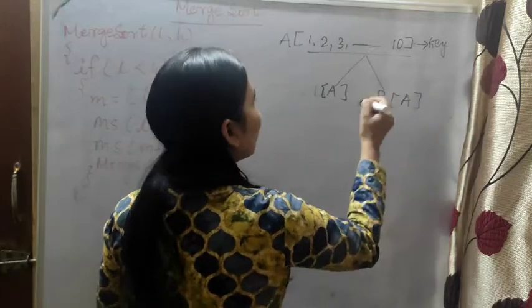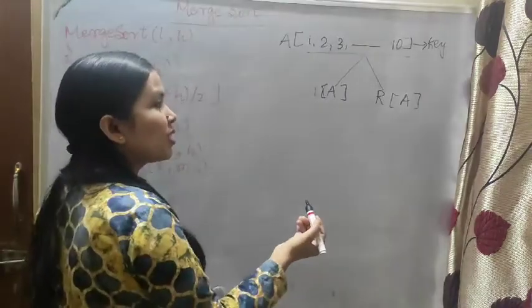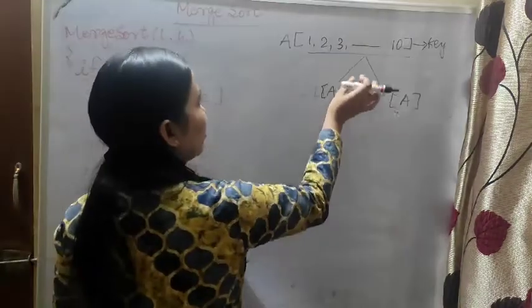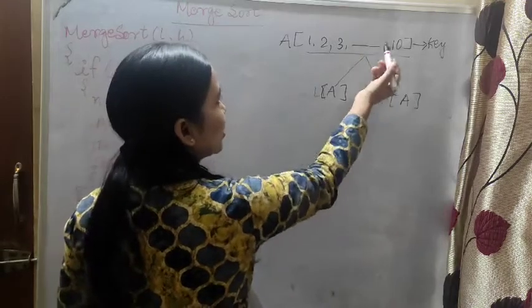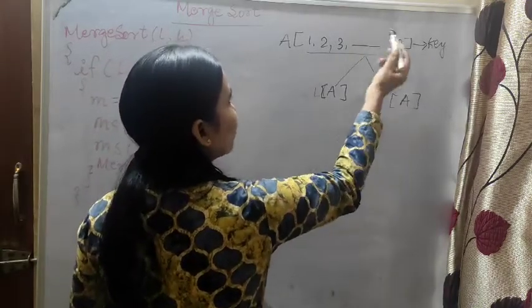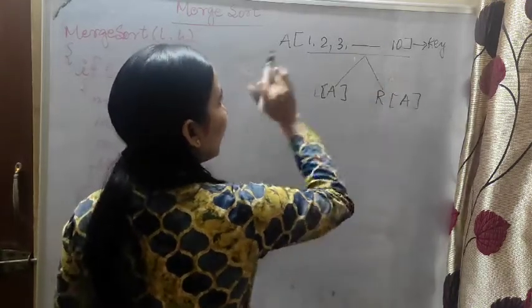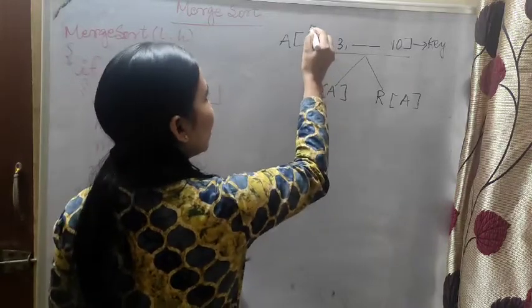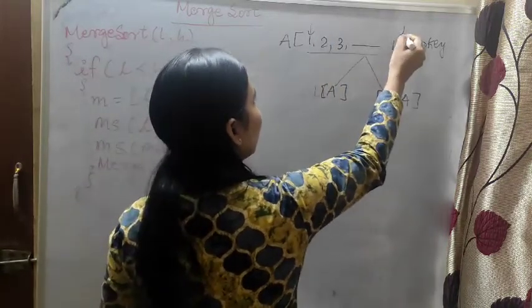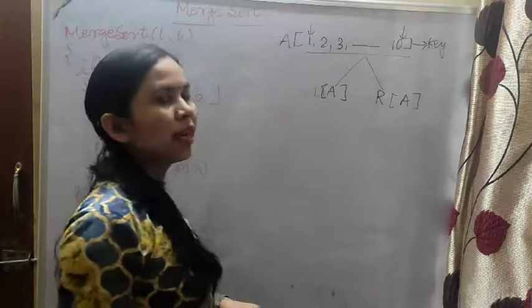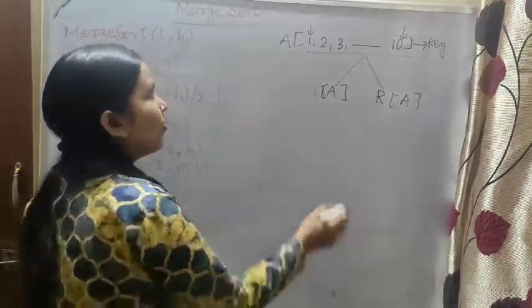Which list goes where, because we are splitting the array elements? Here 10 elements are given. So 1 is the first element and this is the last element, so 1 plus 10 is 11.